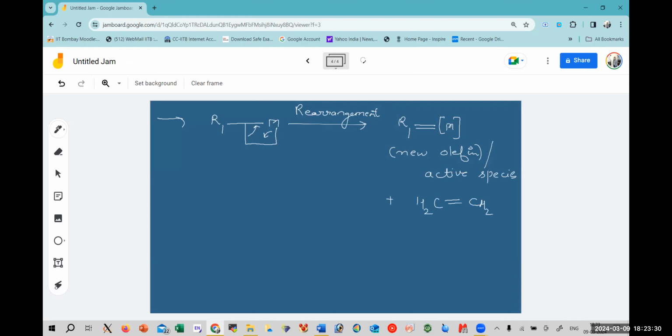Now, when we have this particular moiety, it has to be reacted with your alkyne. So we have R1, M, and we were having R2 this way. So it would undergo rearrangement.